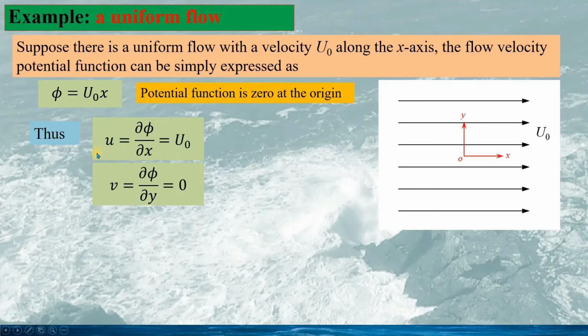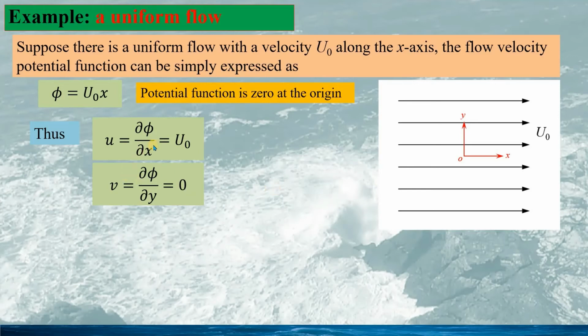And then we can calculate the velocity component u equaling the partial differentiation of phi with regard to x. It is u0, and v is 0.